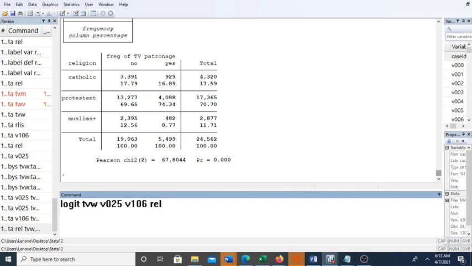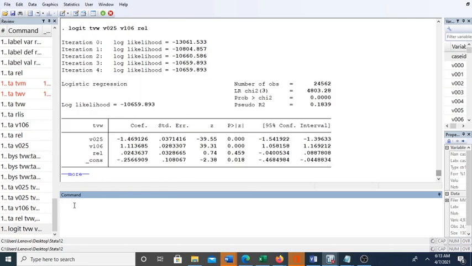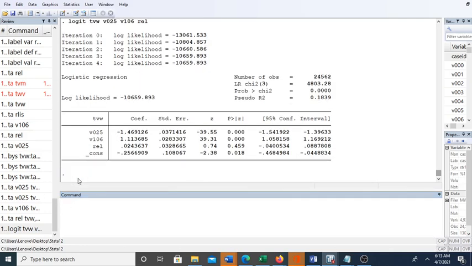Let me just do it like that. And then when you run the model, these are the values that you can have. So you can see that the region at this level is 0.024, very small, and is insignificant, whereby this one, V102, is significant.